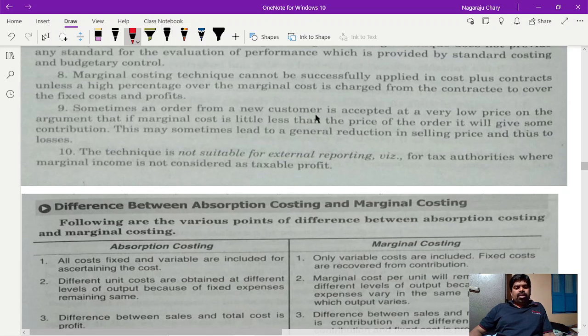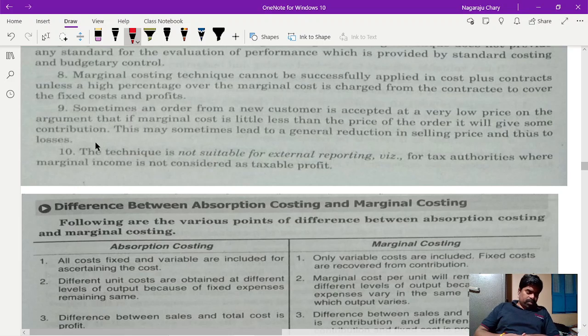Sometimes an order from a new customer is accepted at a very low price on the argument that if marginal cost is little less than the price of the order, it will give some contribution. This may sometimes lead to a general reduction in selling price and thus to losses.